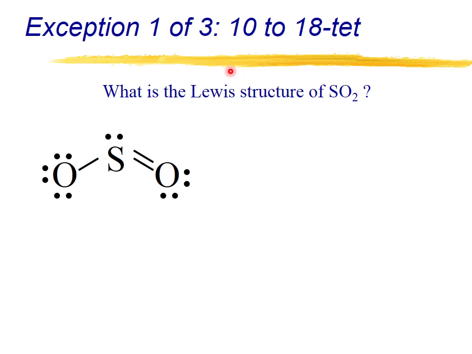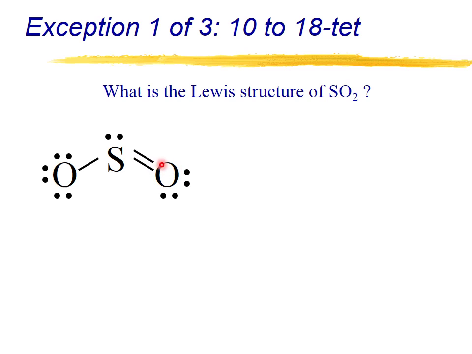If you were to start this, hopefully you could get at least to this point. You have a central sulfur, 2 oxygens on the side. So this will be an 18 valence electron structure, and if you count, you've got 2, 4, 6, 8, 10, 12, 14, 16, 18 electrons.